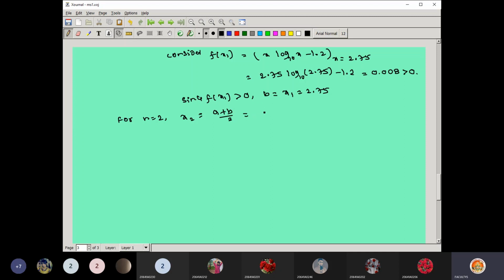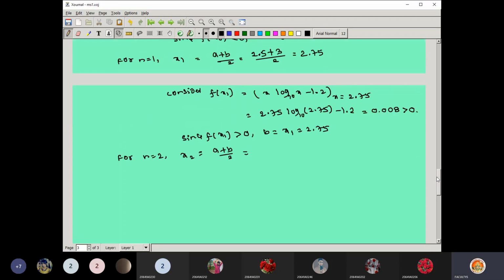What is your previous a value? 2.5, because only the latest values you are taking. b means 2.75. Total divided by 2. So 2.5 plus 2.75 divided by 2, you are getting 2.625.